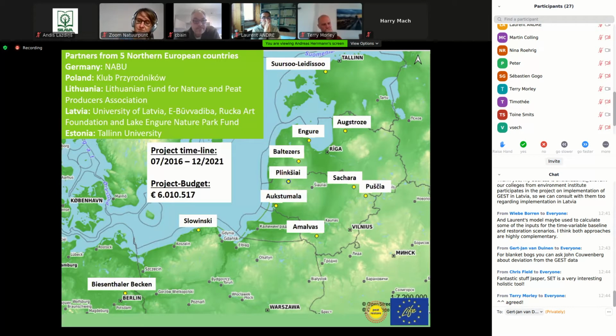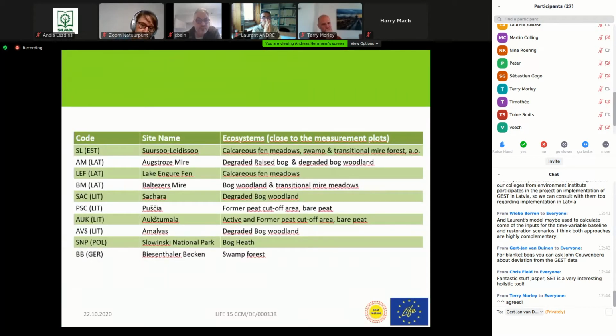So what we are doing: you see here a table about our project sites where we measure greenhouse gases. It's very heterogeneous, because we have very different ecosystems, very different peatlands, and whole areas, and we have to think how to gather information from them.